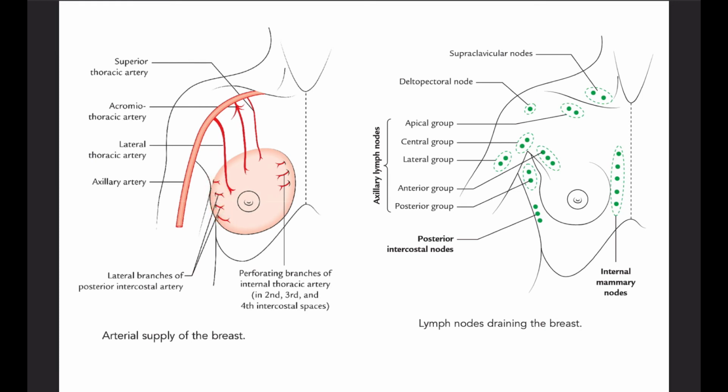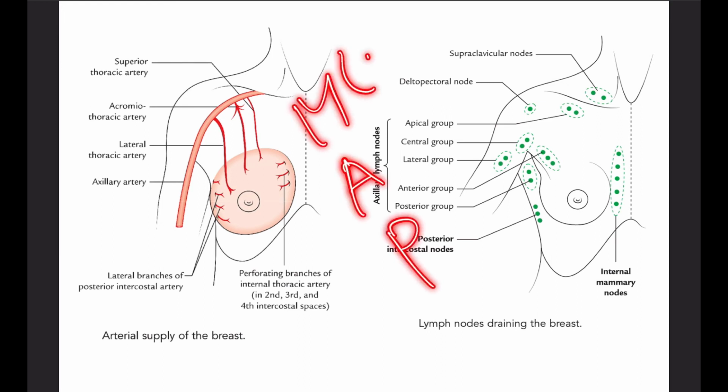Again, the arterial supply of the breast has the mnemonic MAP: internal thoracic artery, also known as mammary artery, axillary artery, and posterior intercostal arteries.